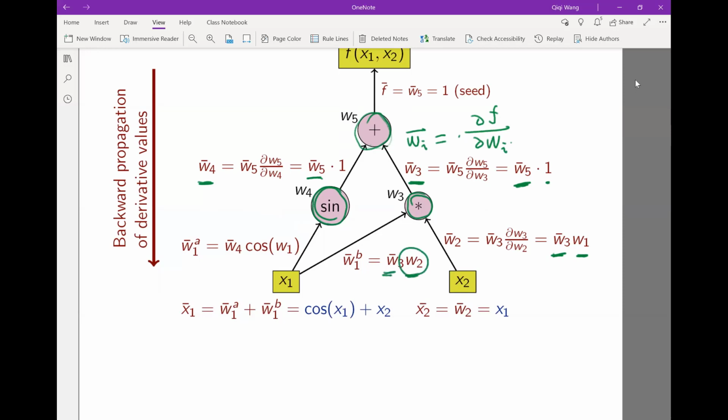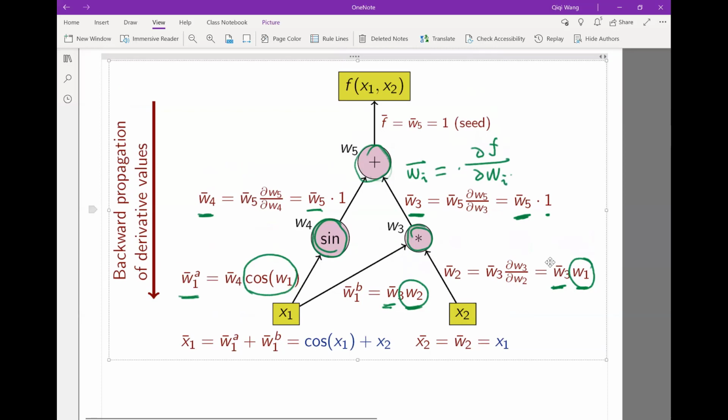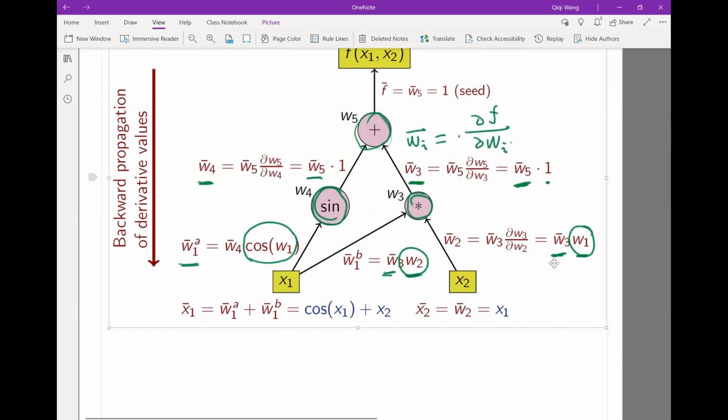Here, W2 and W1 are the partial derivatives of the multiplication. Also, the cosine is the partial derivative of the sine. And in this way, we obtain the derivative of the output with respect to the inputs. The unique thing in this case is we obtain the derivative of the same output with respect to all the inputs, both inputs in this case, through one backpropagation.